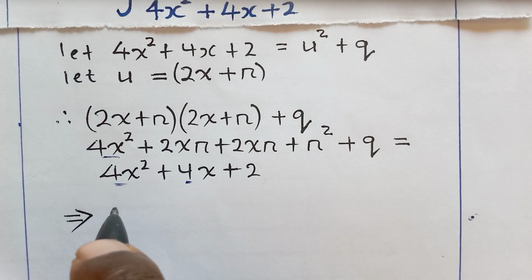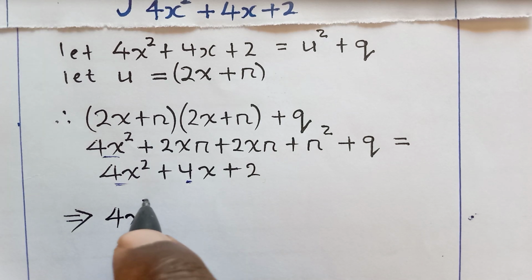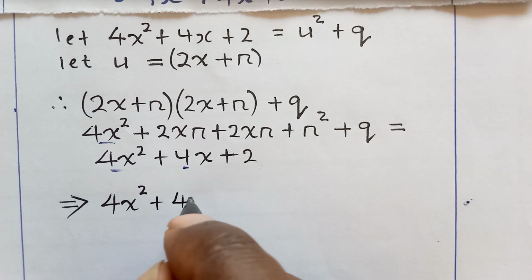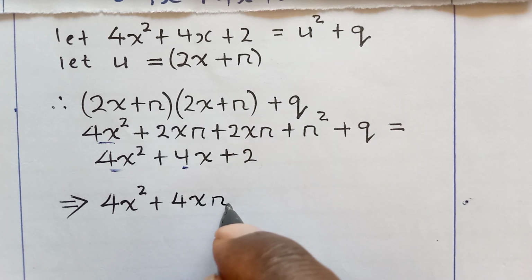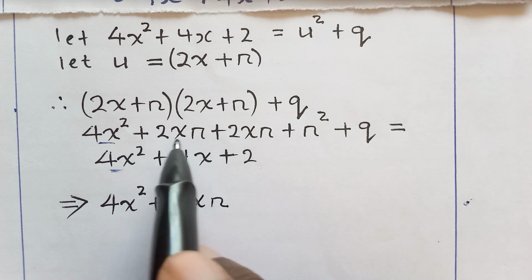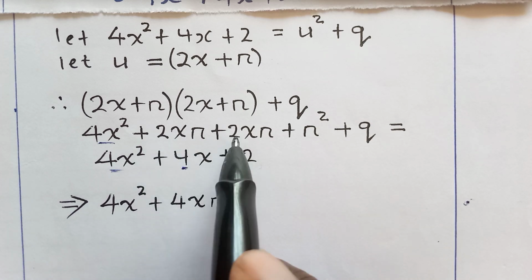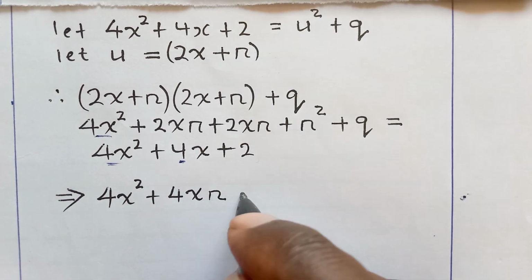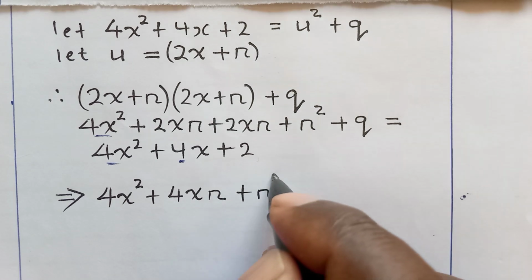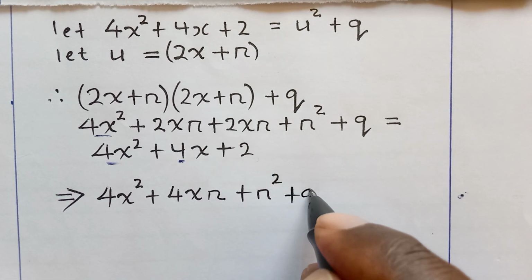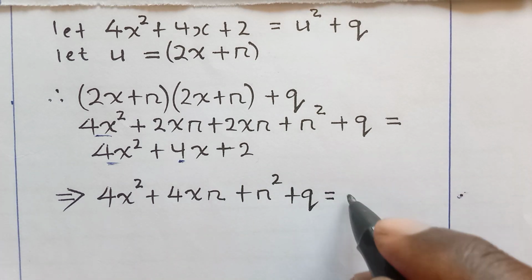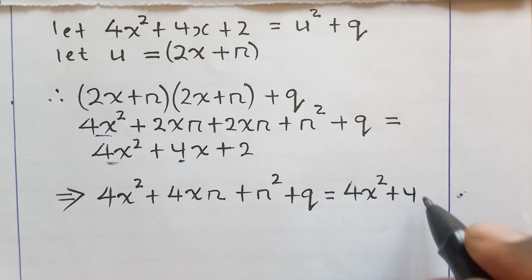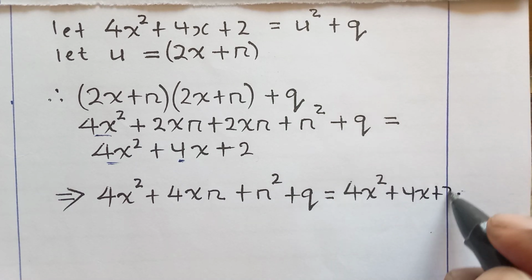If I simplify, I'll get 4x squared plus 4xn. Remember that these are the same, so you just add the constants and then the rest you write the same way they were. Then plus n squared plus q. This is what we want to equate with 4x squared plus 4x plus 2, like that.